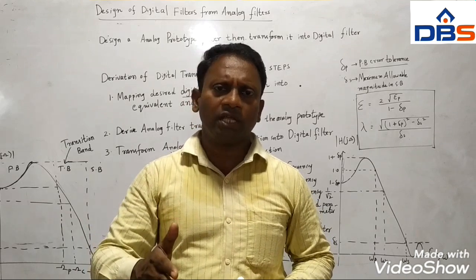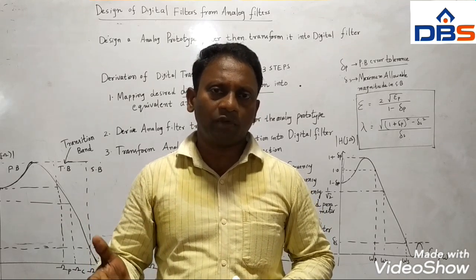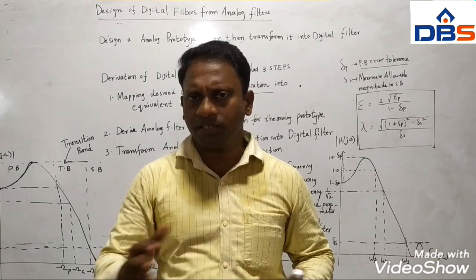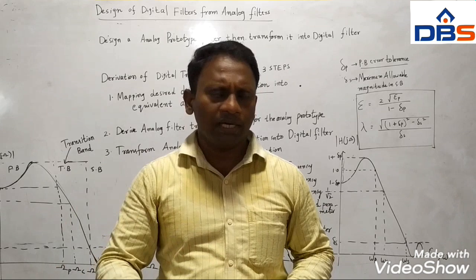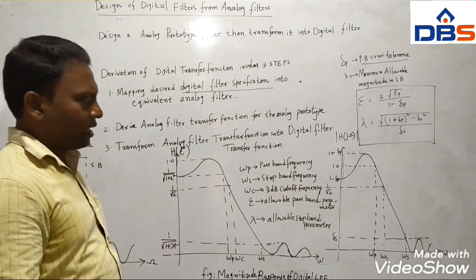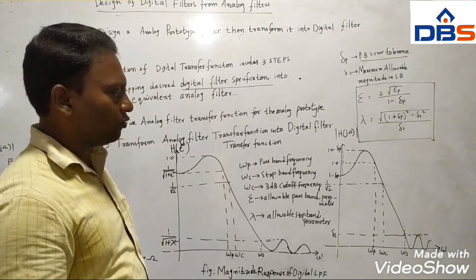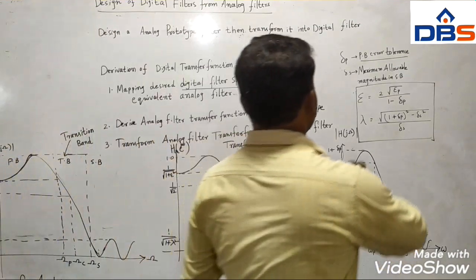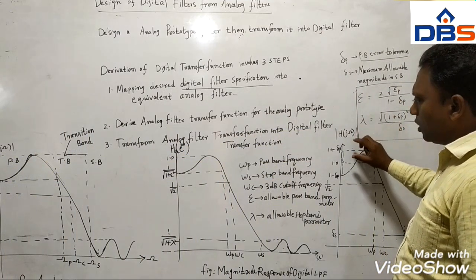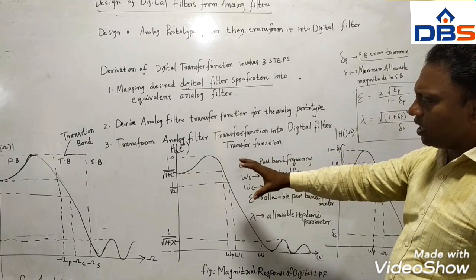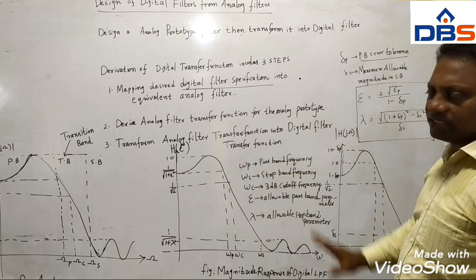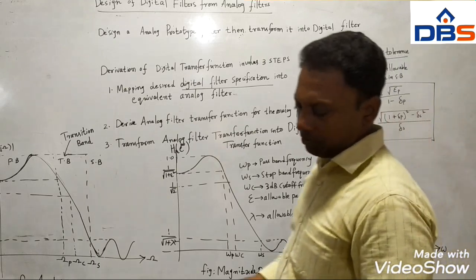After finding the analog filter transfer function, you transform it into the digital filter transfer function. The specifications are delta p, delta s, omega p, omega c, omega s. These are the only specifications in the design. Achieving epsilon and lambda from these specifications is a design problem.